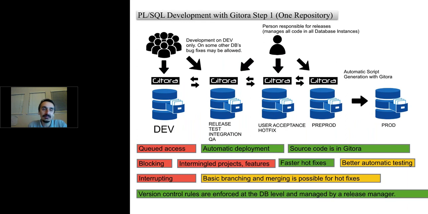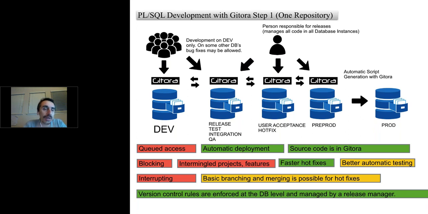So step one, Gitora comes into place. Minor improvements. If you're a big shop, you don't have to change a lot. I know in big shops and IT departments, it's hard to change things. But even then, without having a 3-6 month project, it's possible to make use of Gitora. That's the point I'm trying to get across, that this is easy to start.